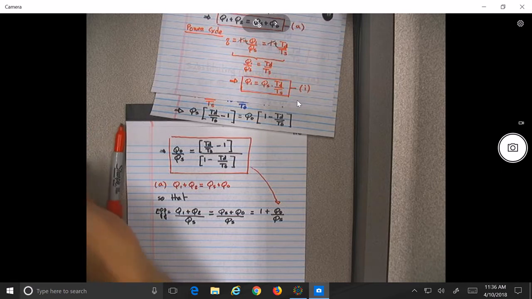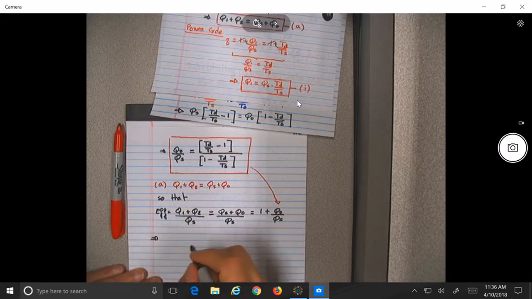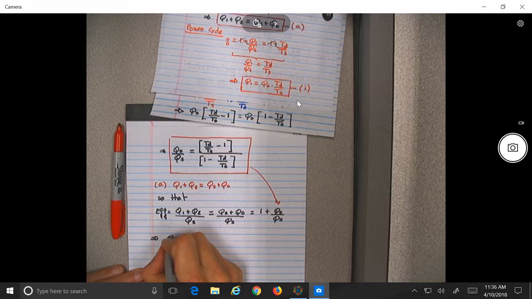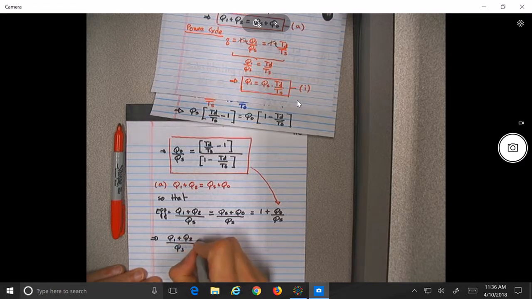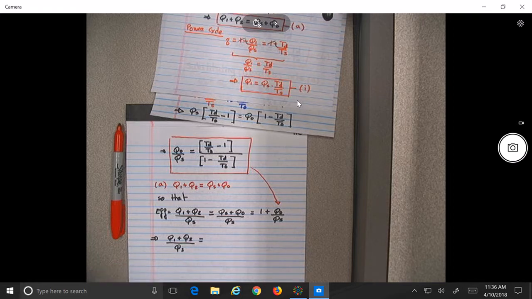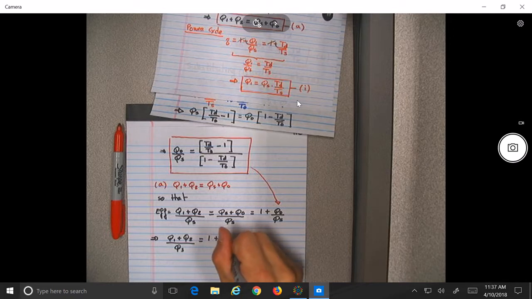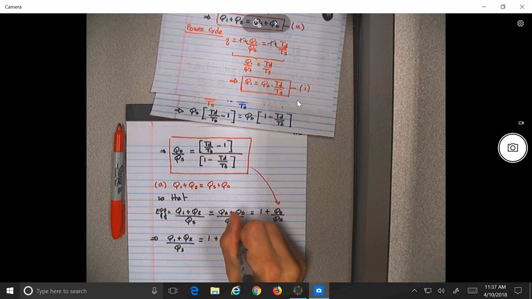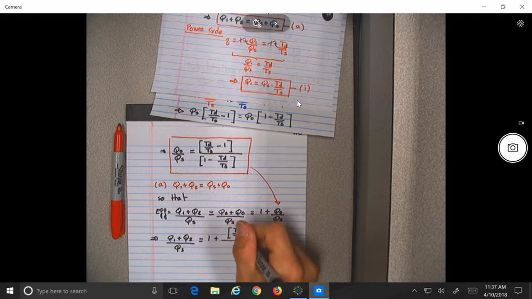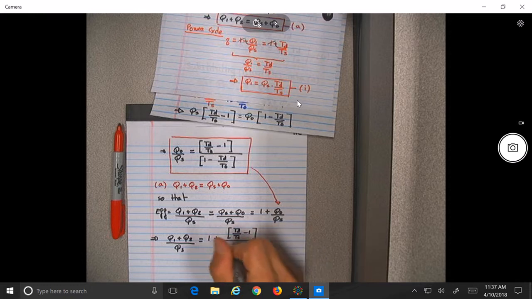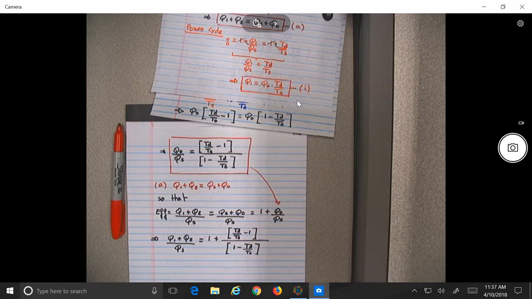So I'm not going to simplify it, so at the end we have that Q sub 1 plus Q sub 2 over Q sub S will be equal to what? 1 plus TD over TS minus 1 over 1 minus TD over T naught.